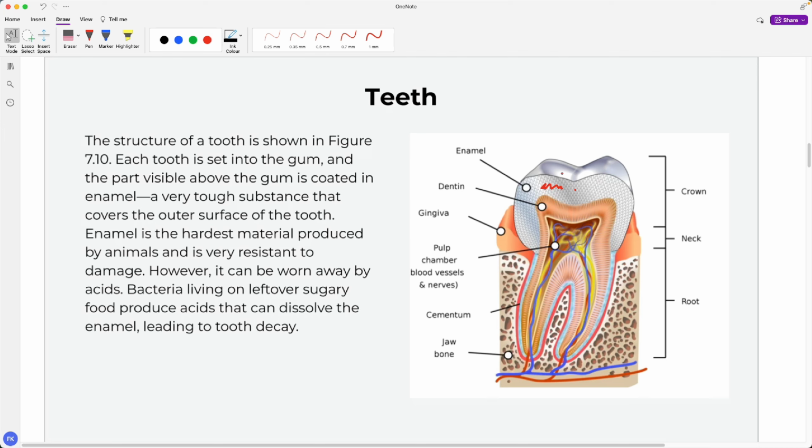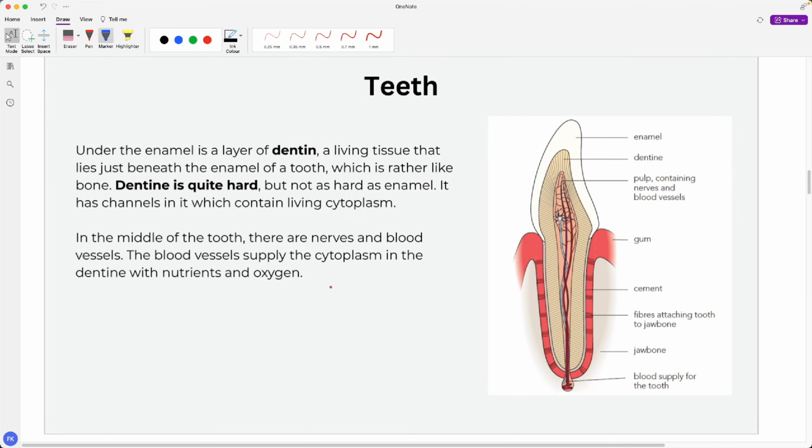It is also an interesting fact that it is one of the hardest materials produced by animals, and it is very resistant to damage. However, it can be worn away by bacteria. So what do bacteria release? These bacteria release acids which can dissolve this enamel, causing tooth decay.